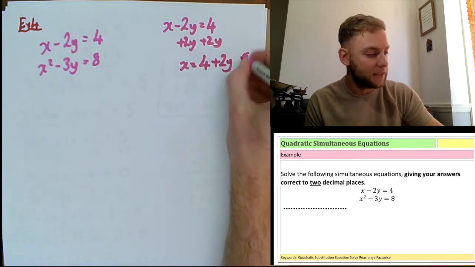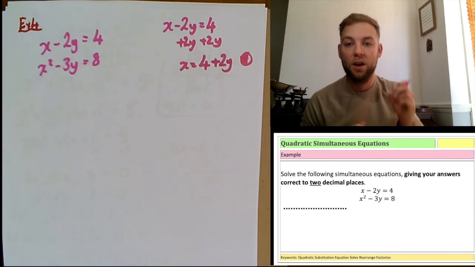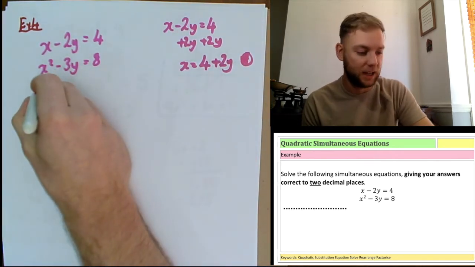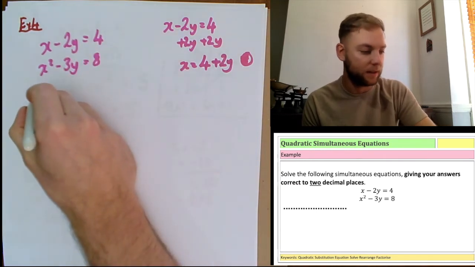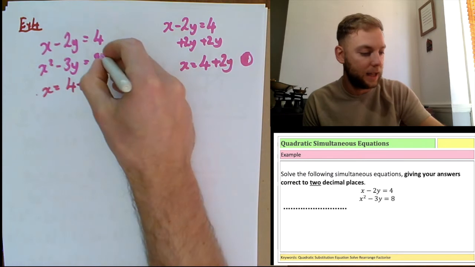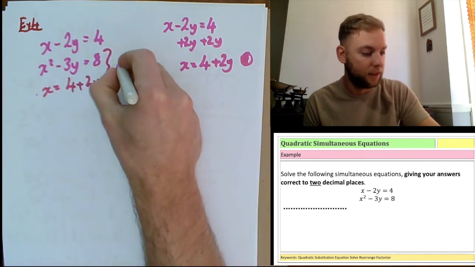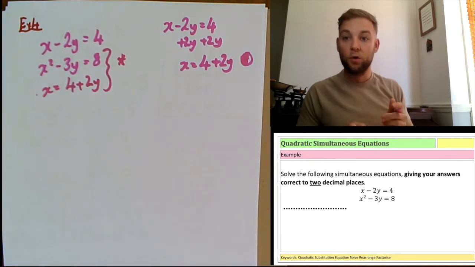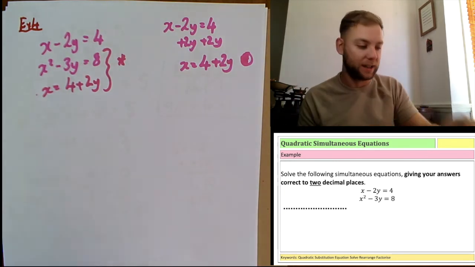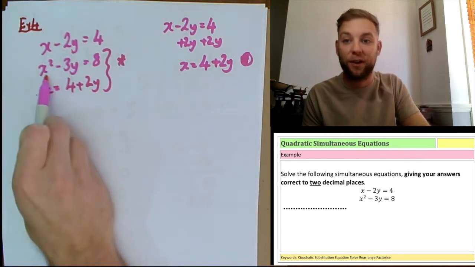So this here is my starred equation, okay? 4 plus 2y, notice now it's equal to x. If you want, you can write that underneath and use these two and just think about these two. So x is equal to 4 plus 2y, and these are the two now that I'm going to be thinking about. So remember, I sub my linear equation into my quadratic. In this case, it's x in for x.